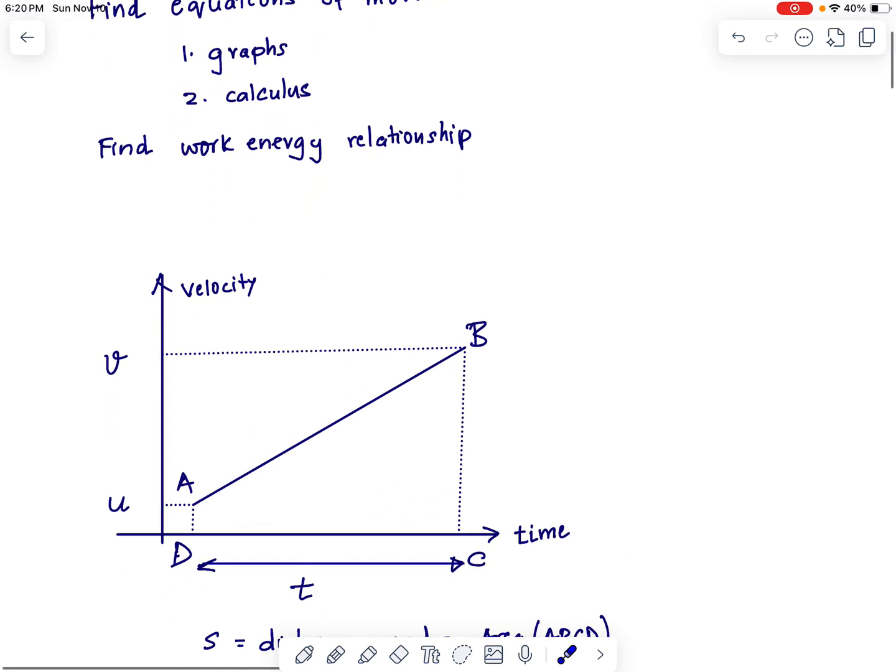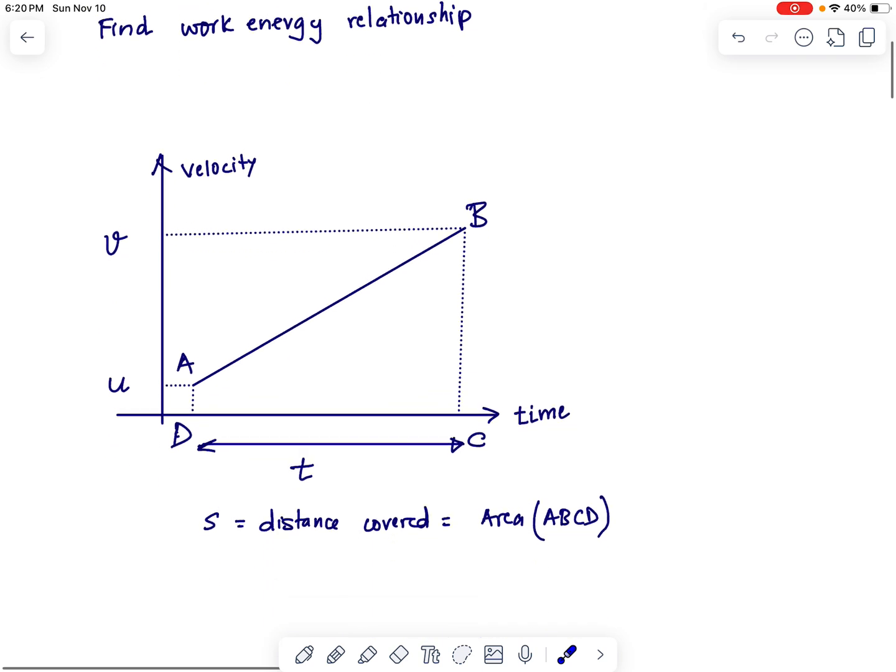Here we assume that the acceleration of the object is constant. So if you look at the velocity versus time chart, the velocity is increasing linearly.